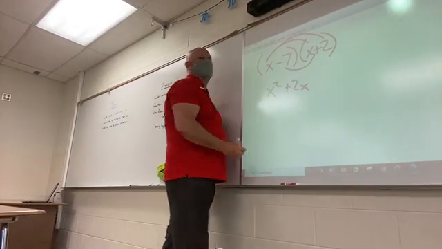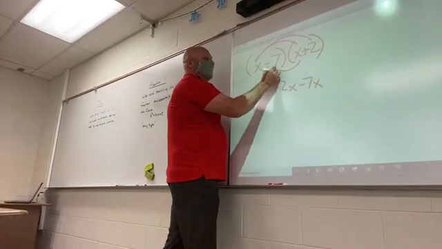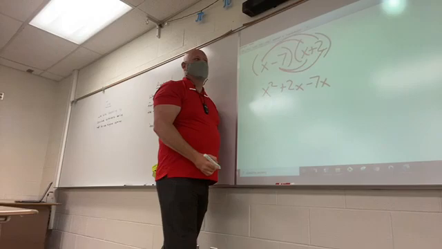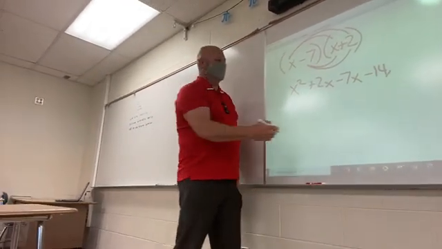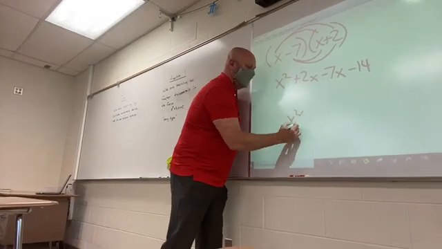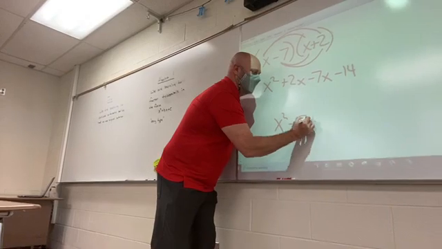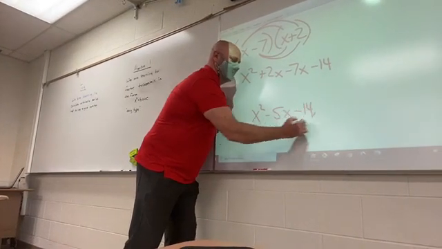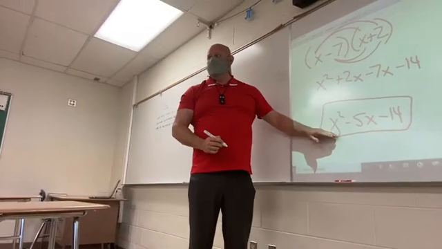The negative 7 times the x is negative 7x. And then the negative 7 times the 2 is negative 14. Now, when I combine like terms, I'm going to get x squared minus 5x minus 14, right? That's what that FOILs into.